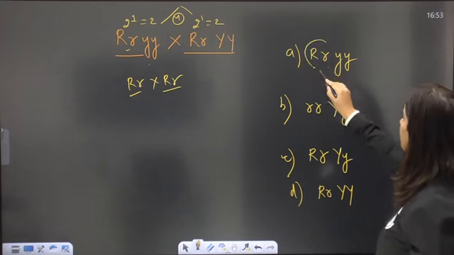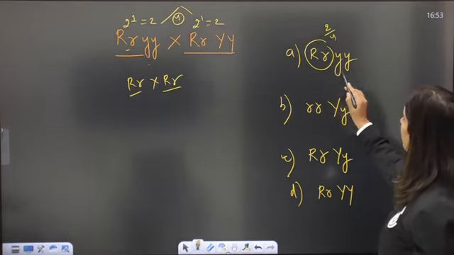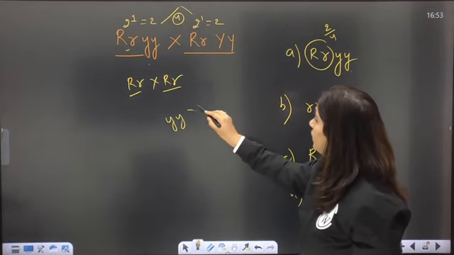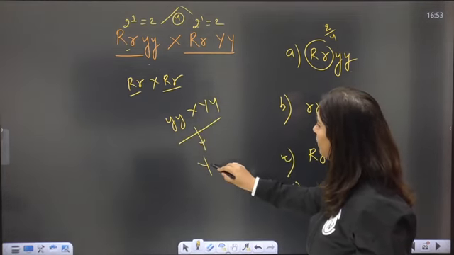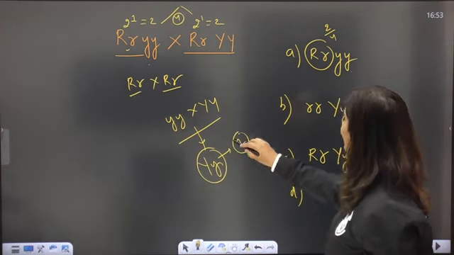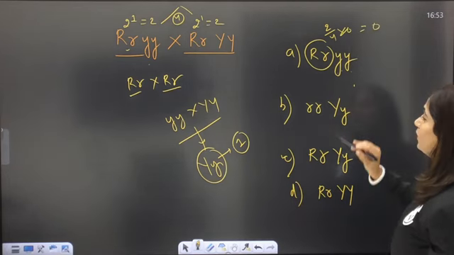See, what will be the frequency of capital R small r? 2 by 4. Small y is crossing with capital Y. All of them would be capital Y, right? All of them. So, is this condition possible? No. So, 0.